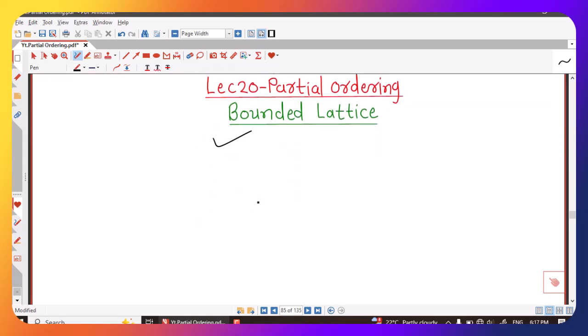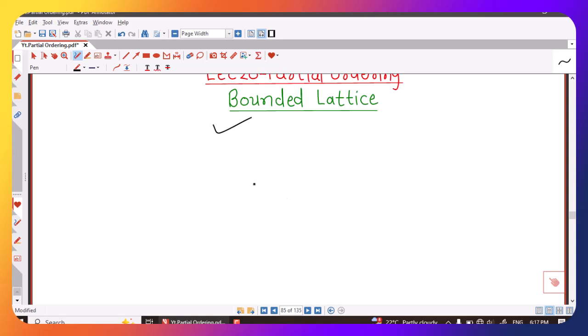To understand this definition of bounded lattice, we first recall the definition of greatest element and least element of a partially ordered set.